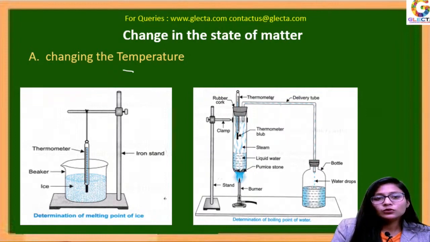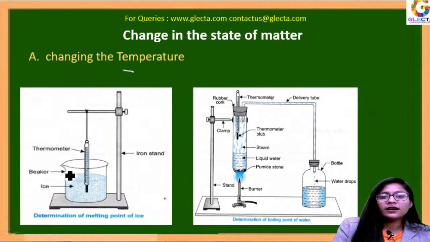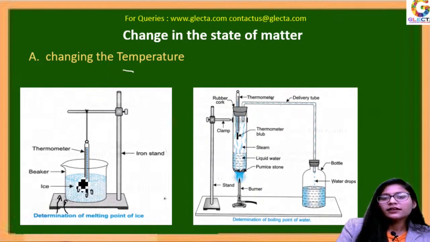Here we have two pictures. In picture 1, you can see a beaker in which I have put some ice, correct? But after some time, if I raise the temperature, the particles of this ice will get separated, and this ice will convert into liquid.